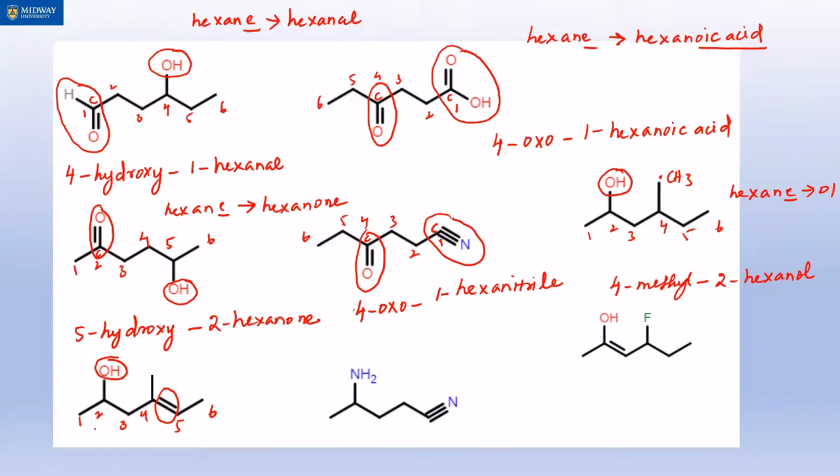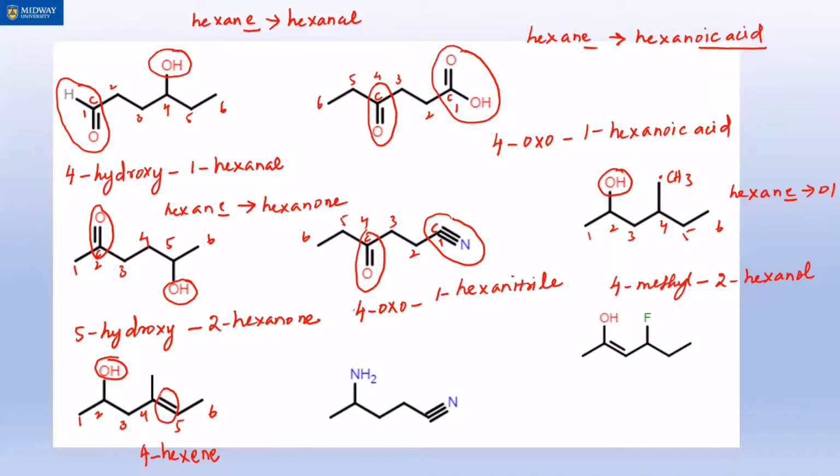So we have 6 carbons, so it's hexane, right? So the double bond is between 4 and 5, right? So first write 4-hexene, right? That's where the double bond is, because the double bond is part of the chain, 4-hexene, right?